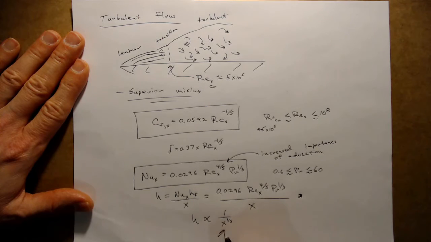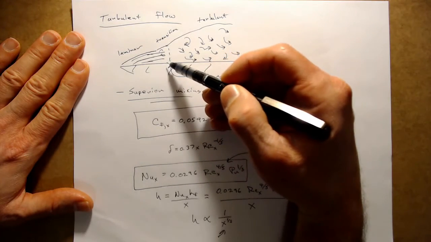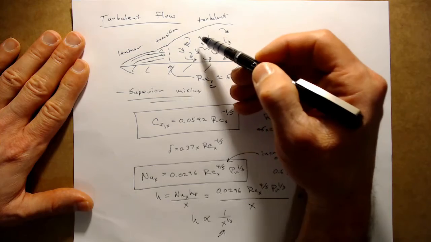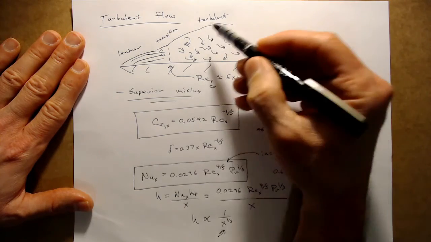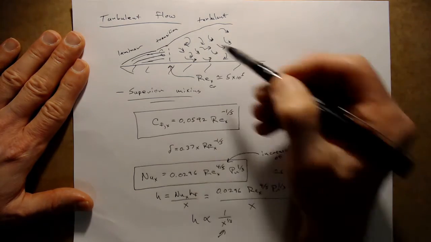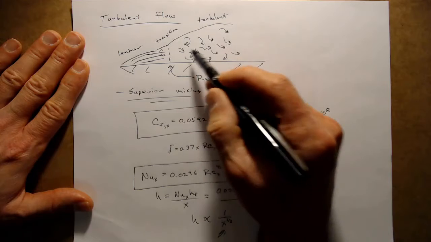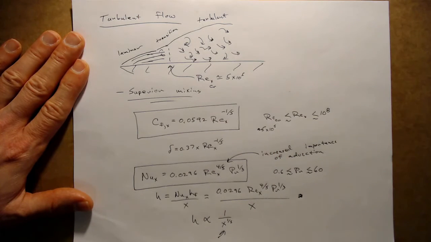And so this is what we saw before in the chart. We saw a major jump in the heat transfer coefficient when we moved from the laminar regime to the turbulent regime, and then we saw a much more gradual decrease in the heat transfer coefficient as we progressed in x in the turbulent regime.